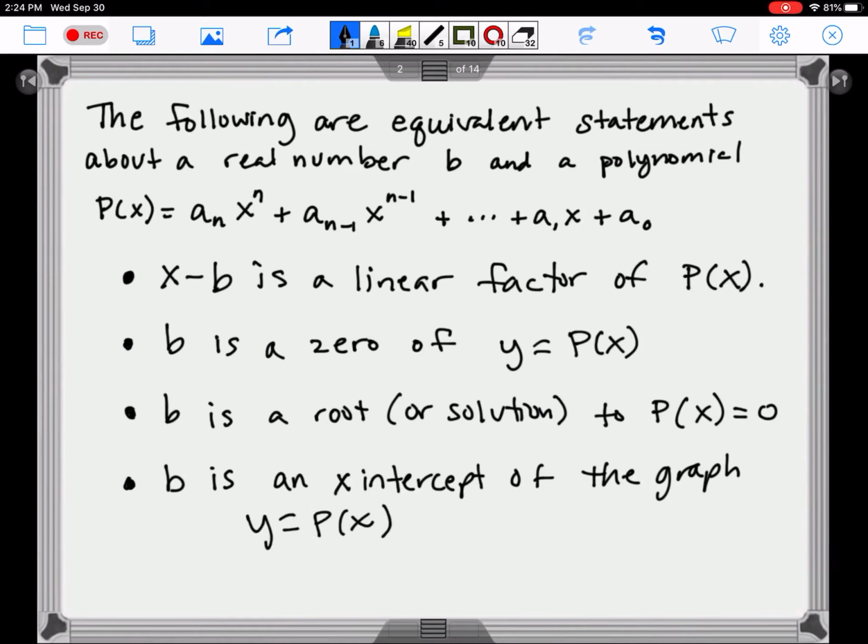So when we have linear factors, the zeros, the roots, the solutions, and the x-intercepts are all equivalent statements.